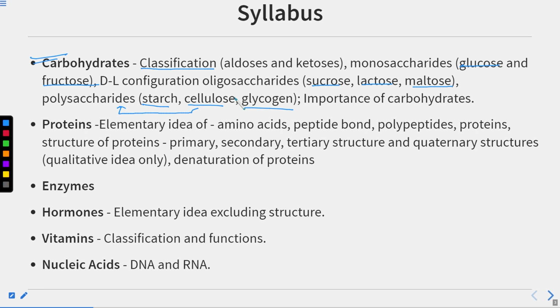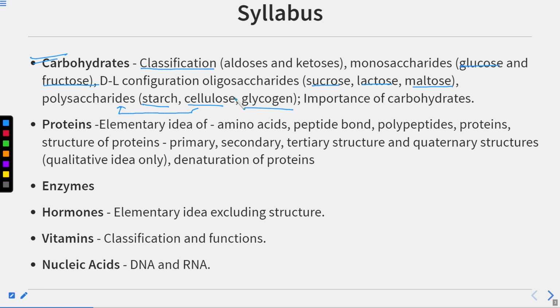If it can be hydrolyzed to give 2 units, then it is called a disaccharide, or you can say oligosaccharide also. Oligosaccharides are defined for a certain number of monosaccharide units, say 2, 3 or 4 units. But it is not defined for polysaccharides. So polysaccharides are not oligosaccharides, but disaccharides, trisaccharides or tetrasaccharides are oligosaccharides.